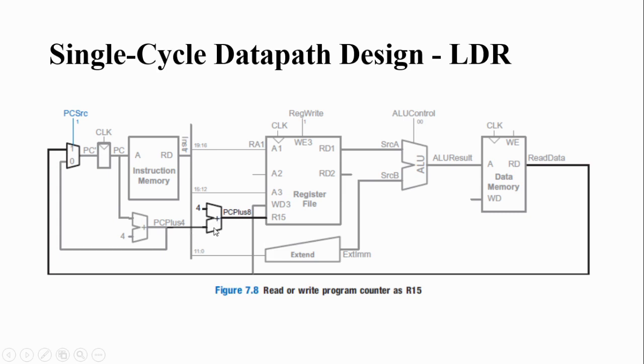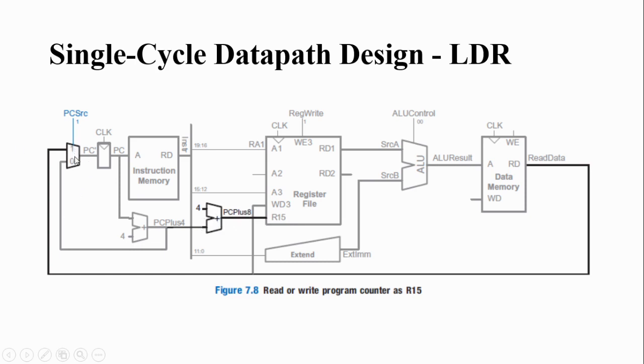Then if you want program counter +8, you are adding one more ALU block here. So program counter +4 +4, and you will be getting program counter +8. This ALU is nothing but an adder, and if you are reading R15, you will get program counter +8.